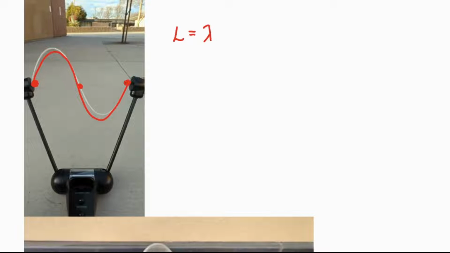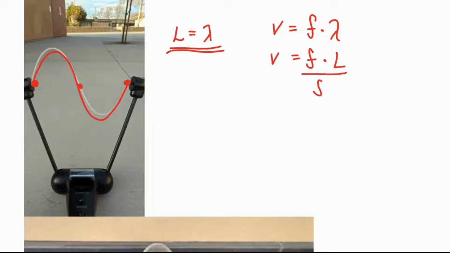And then if I wanted to do velocity is equal to frequency times wavelength, plug in my relationship here, I'm like, oh, look, velocity is equal to frequency times L. Divide both sides by that length, and I get velocity over the length is equal to my frequency. All right, well, that's cool.